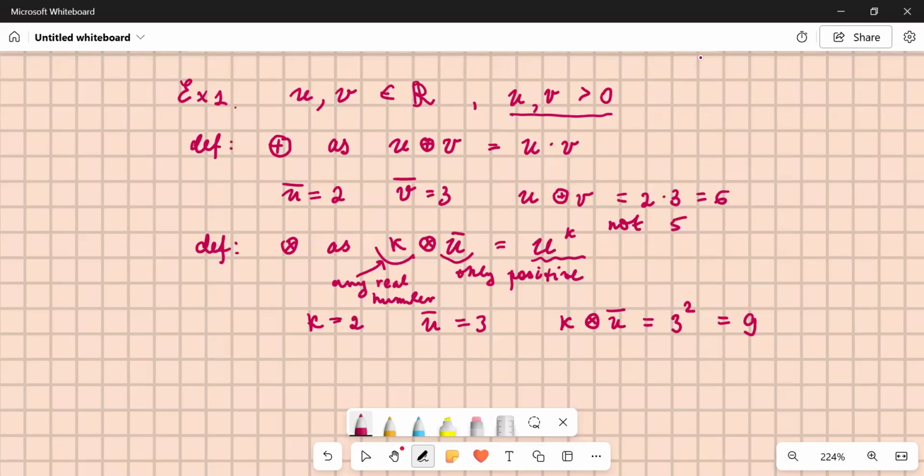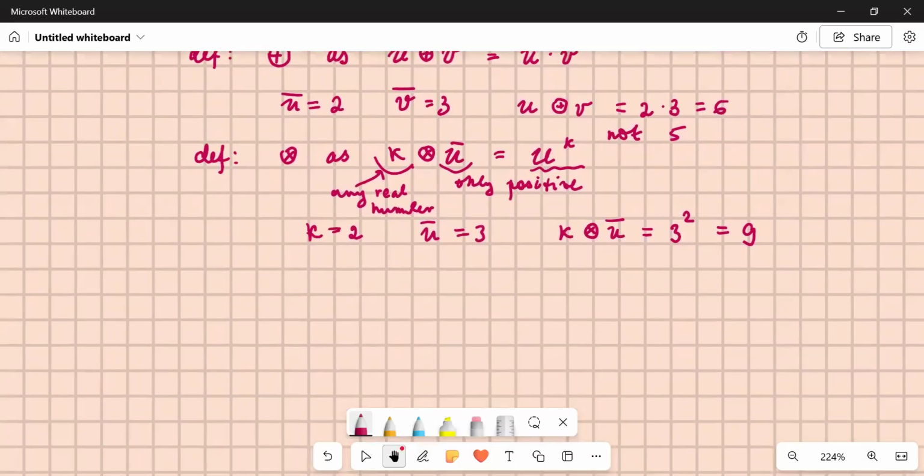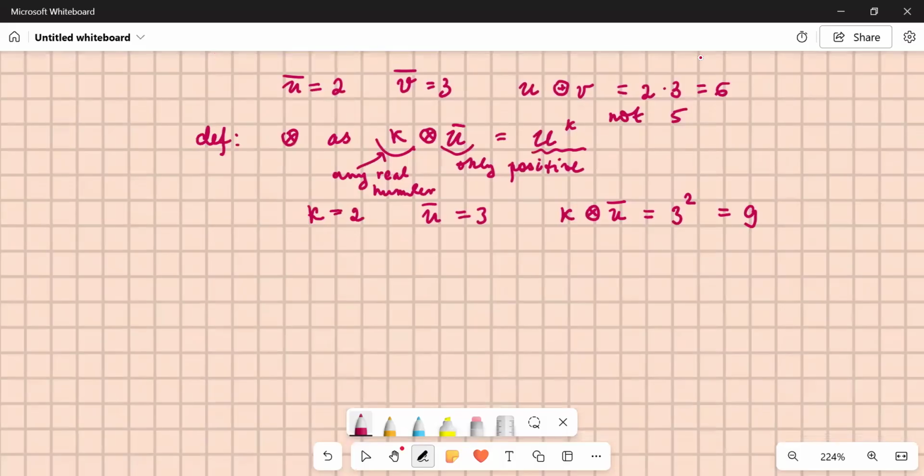Okay, now let's check how axioms are going to work here. I'm going to start with axiom 1, 2, 3, and then just go over each axiom. I know that's going to be a little bit boring, but if you see it once, you are probably going to remember it much longer. So guys, if you have a number u greater than 0 and number v greater than 0, then what is going to be u plus v?